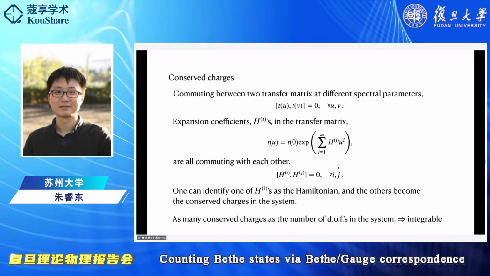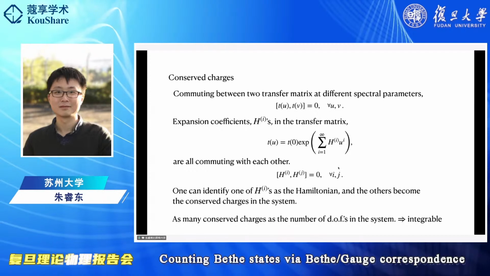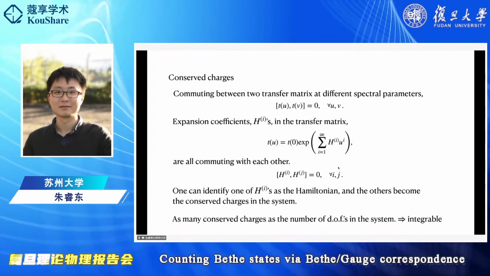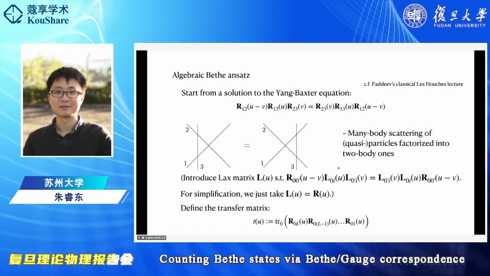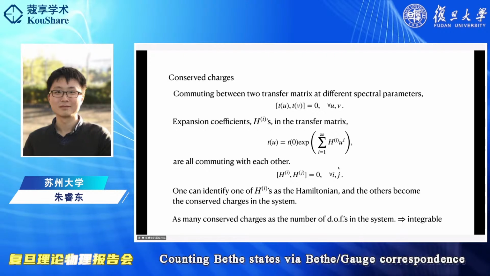However, if we do the calculation a little bit, it's very easy to show that this transfer matrix commutes with itself at a different spectral parameter. We have one spectral parameter in the R matrix, so we can consider this transfer matrix at a different value, and it's easy to show that they commute with each other.